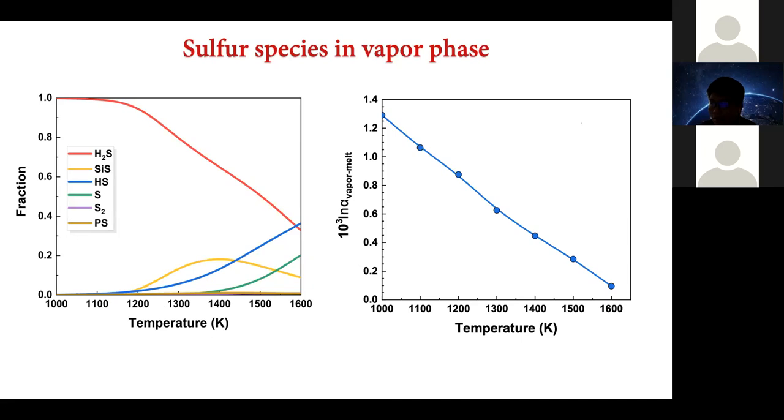We also calculated the force constant of sulfur for all those vapor species, and then we can get the equilibrium isotope fractionation between vapor and melt, as shown in this figure.